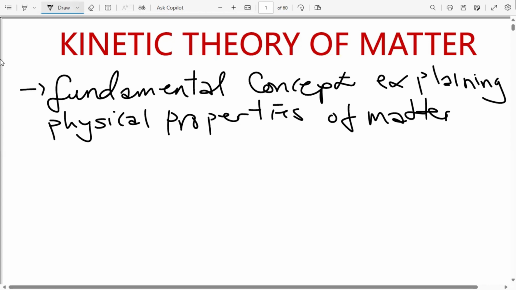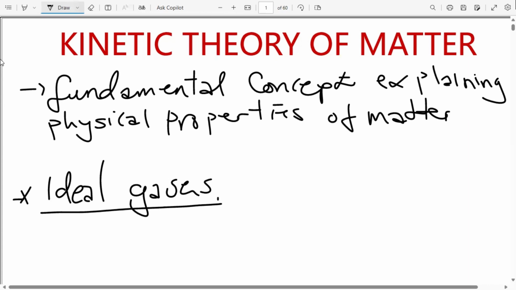We already discussed some of these things in our previous class, and even when talking about ideal gases, we said there are key assumptions that we apply to ideal gases.